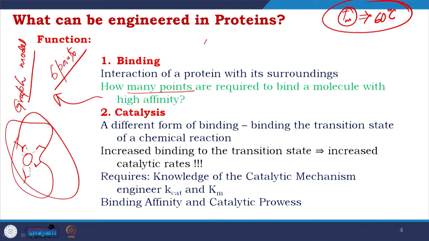So, what happens? You have A bond B plus C bond D. When the reaction starts, the bond between A and B and the bond between C and D breaks.